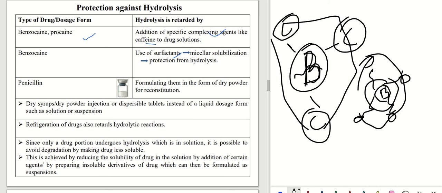And the next one is in the form of dry powder. We actually discussed ampicillin, that is for oral use, and also we will be discussing the drugs for parenteral use. Most of the injections, if we observe, the drug products will be in the form of fine powder, lyophilized powder, freeze dried powder in vials.